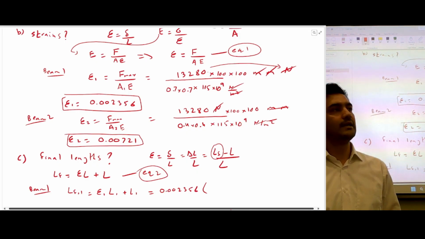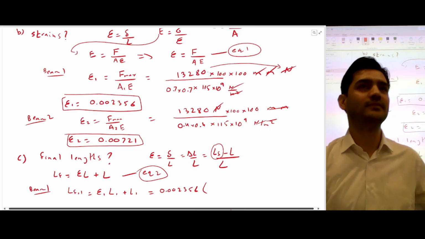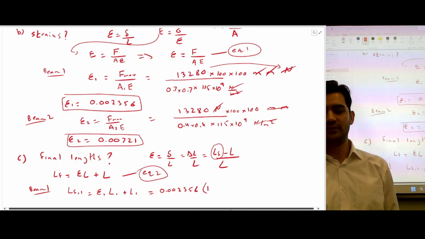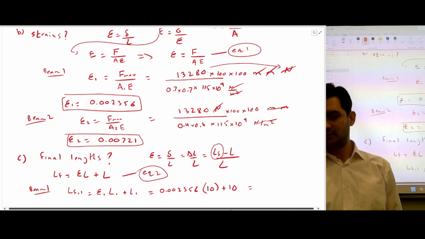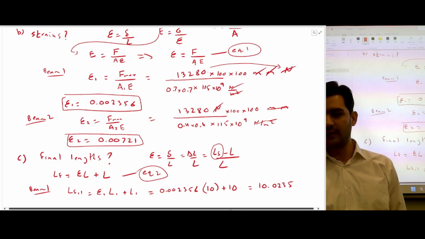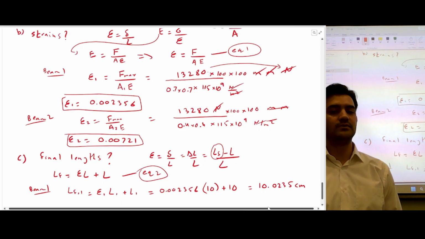And what is the length for beam 1? It's 10. So it's 10 plus 10 times the strain, and you're going to get the value 10.0235, and since the unit was centimeter, that's centimeters.